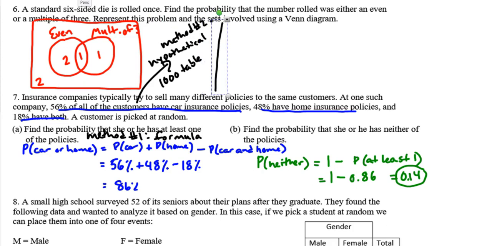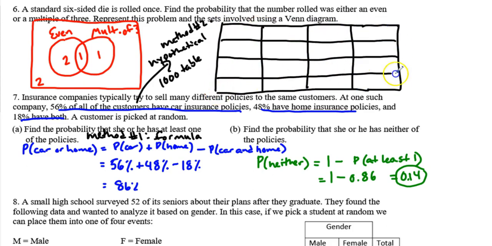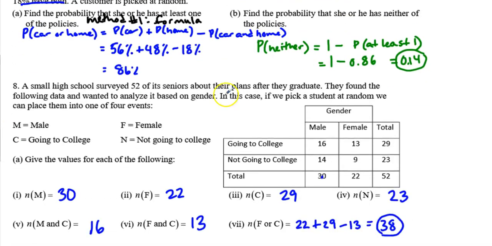So, can you make yourself a table that is a 4 by 4? Once you've set up your table, we're not going to put anything in the top left corner, but just like we had in the male-female going to college table, we've got total on the far right and on the bottom.